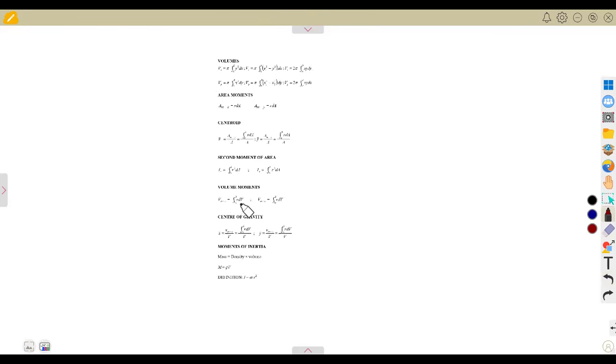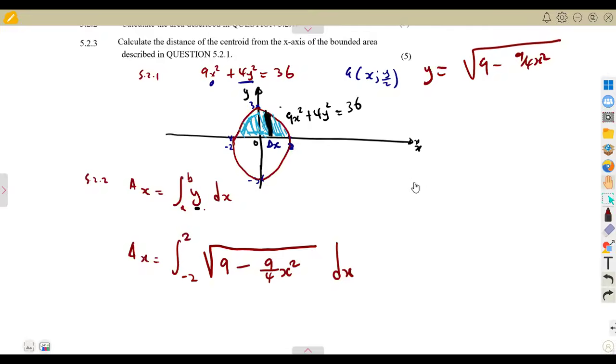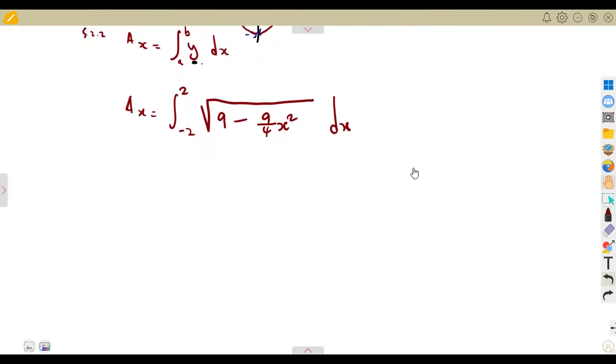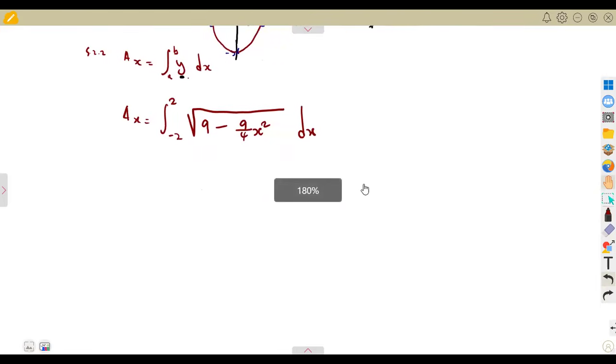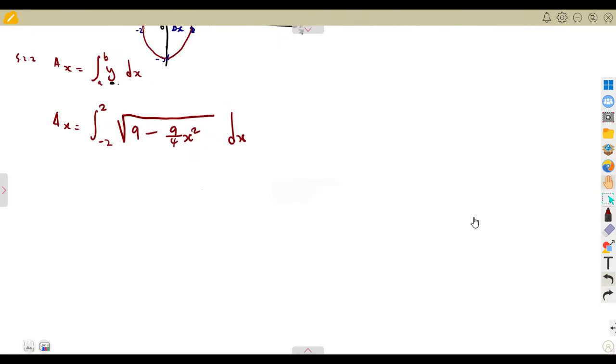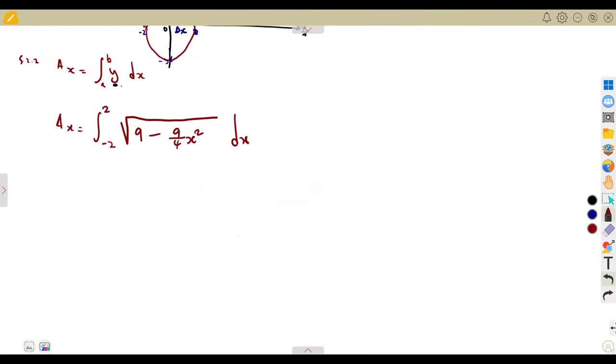We saw that if we are given the integral of the square root of a squared minus b squared x squared with respect to x, this can be given as a squared over 2b.